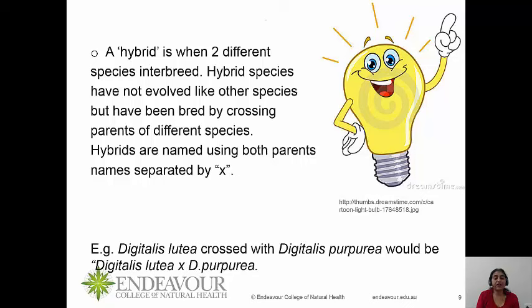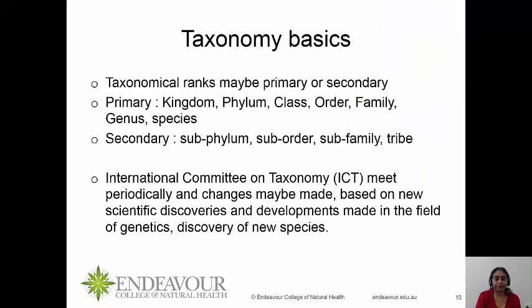In a hybrid, you have the binomial name of both the species, separated by an X. For example, Digitalis lutea, if crossbred with Digitalis purpurea, gives the hybrid, written like binomial nomenclature, but the two names are separated by the X.